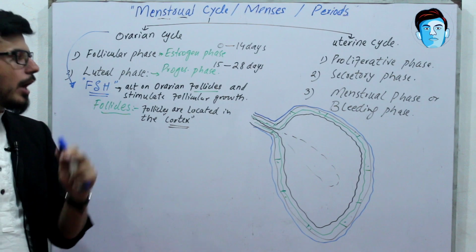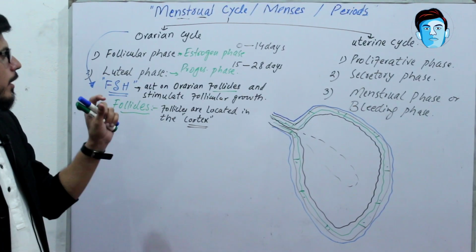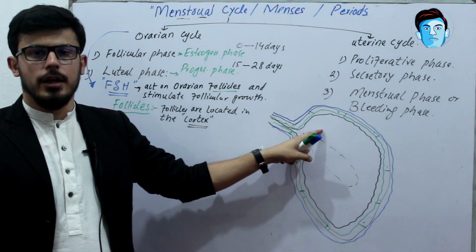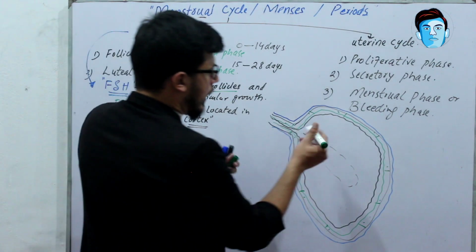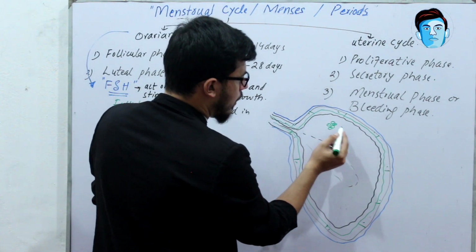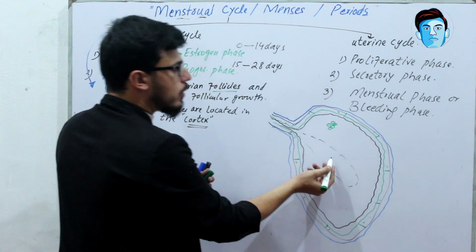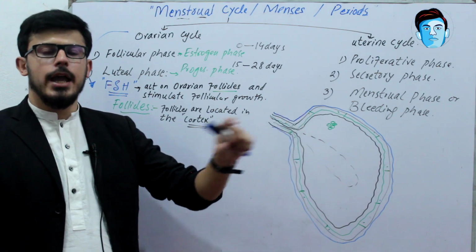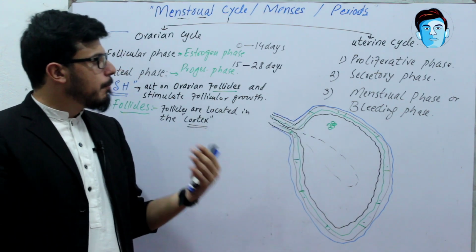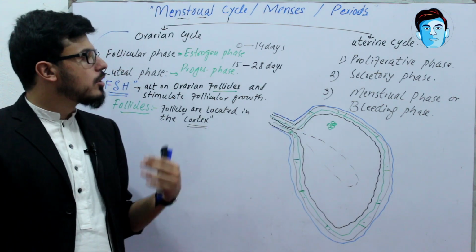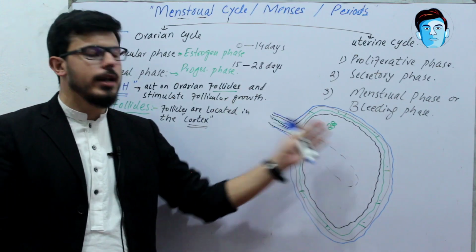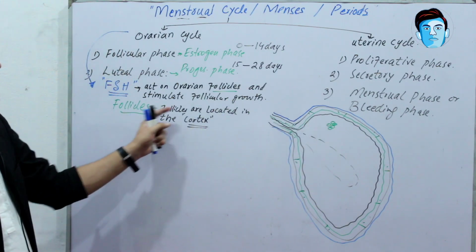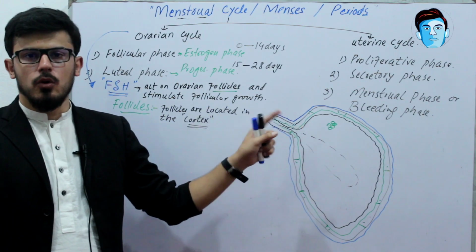What I am trying to say is that these follicles are embedded in the ovarian cortex, but they are not located in the ovarian medulla. These ovarian follicles become mature, and the development occurs in the ovarian cortex, not in the ovarian medulla. So the follicles are located in the cortex of the ovary.